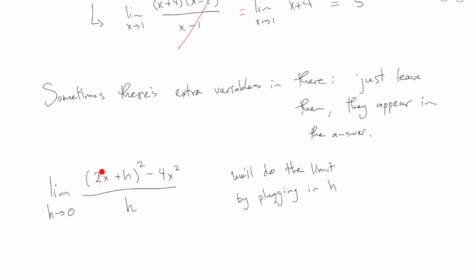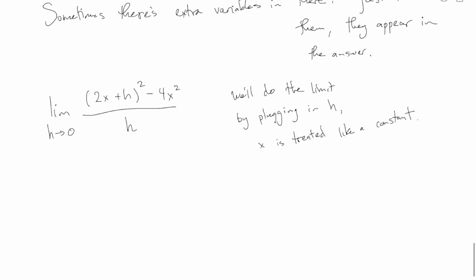The x is just another thing which is going to stay in there forever, and probably there will be some x's in our answer. So we'll do the limit by plugging in h. X is treated like a constant, and it will appear in the answer. You don't ever plug in for x in a problem like this. The x is just the x, and it stays the x until the end.